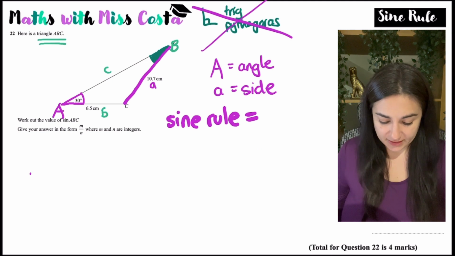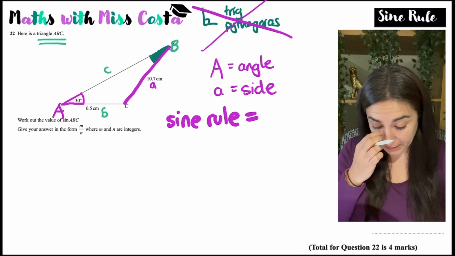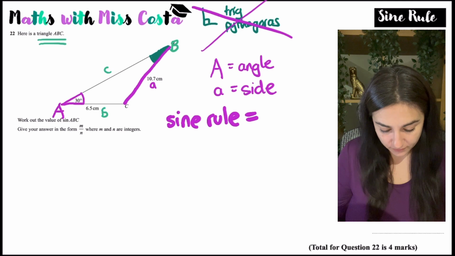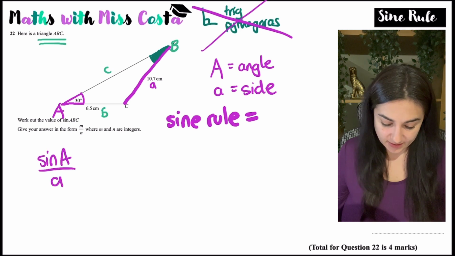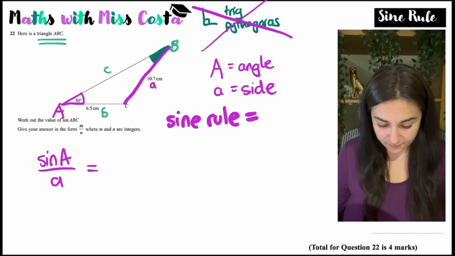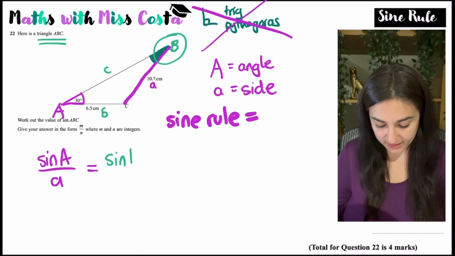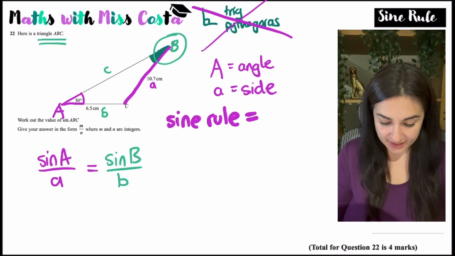So let's have a look at the information that we've been given. I know angle A and I know side a, and I want to figure out angle B, this angle here, and I've been given side b. So let's substitute that in.